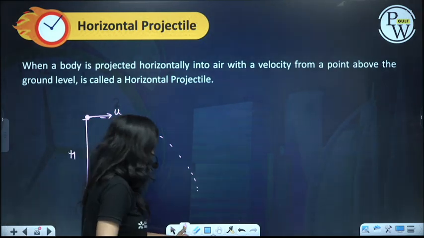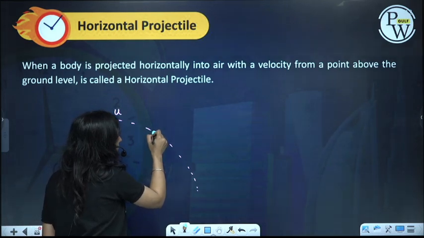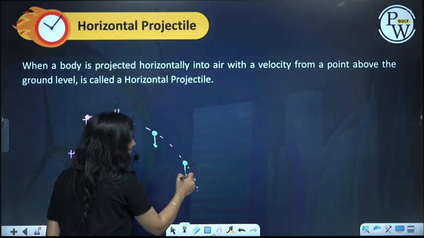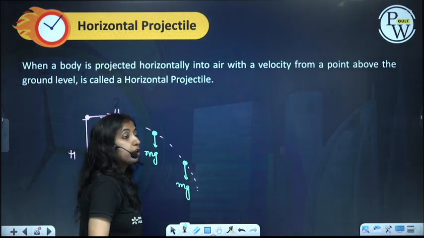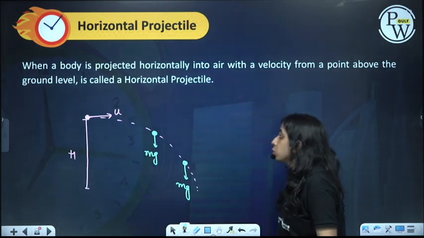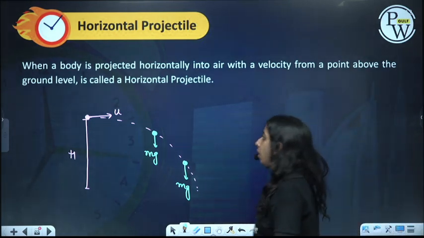This is called a horizontal projectile. After throwing, at every point only the force mg is acting, so the only acceleration is the acceleration due to gravity.